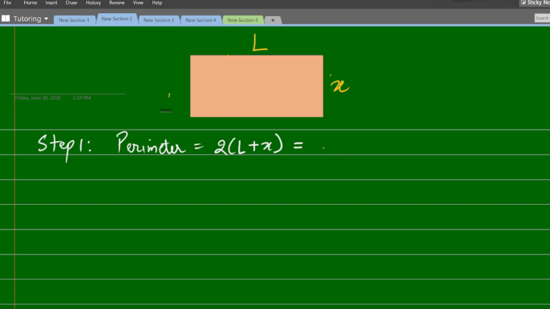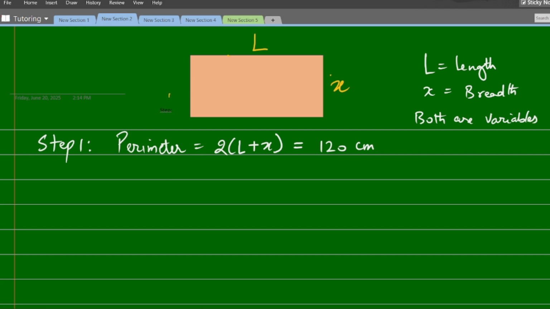And it says this is equal to 120 centimeter. Let me establish that L is the length and X is the breadth, and they both are variables.